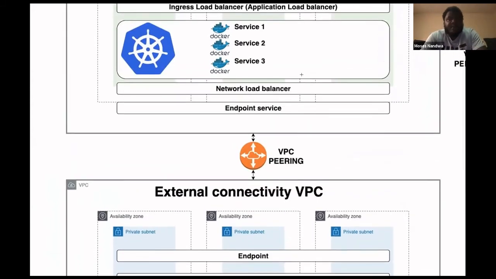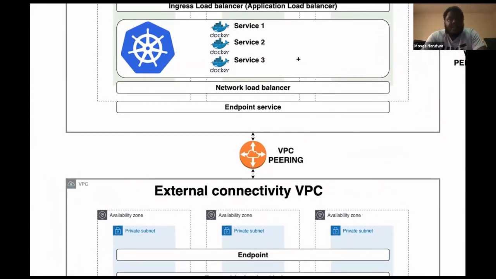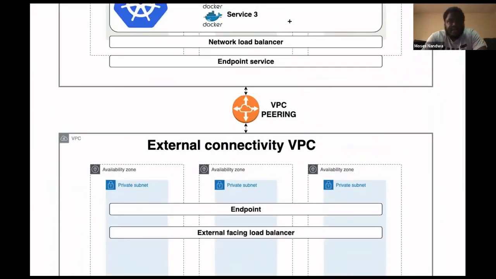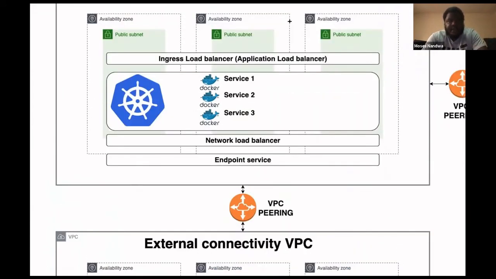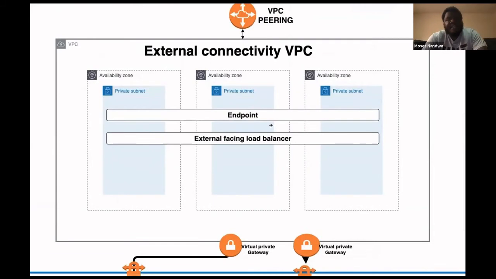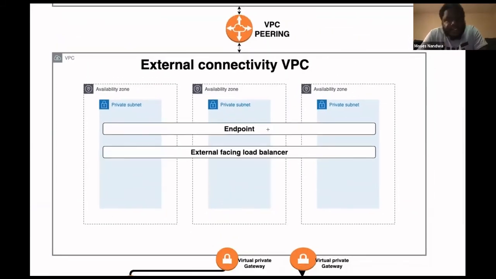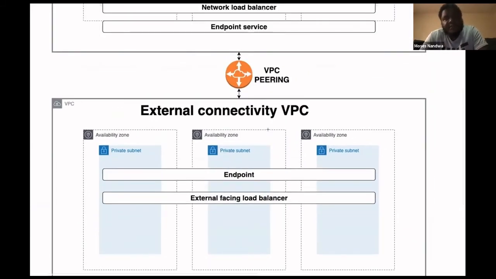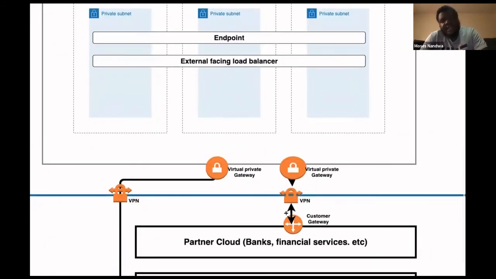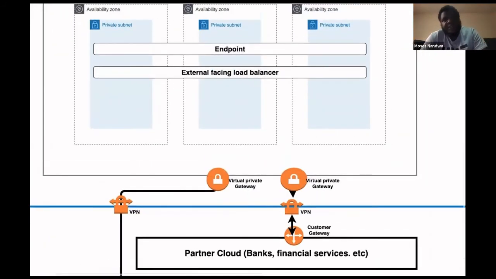What basically this does is route your traffic from here, from the application VPC, down to whatever you have. So it's like an egress kind of setup. And then here we have an endpoint, and basically the endpoint is what facilitates communication from your data center or financial services or things connected via the cloud to the other VPC.